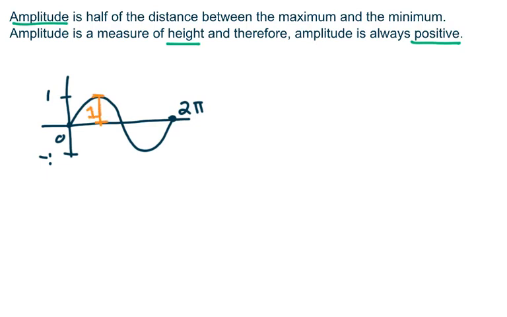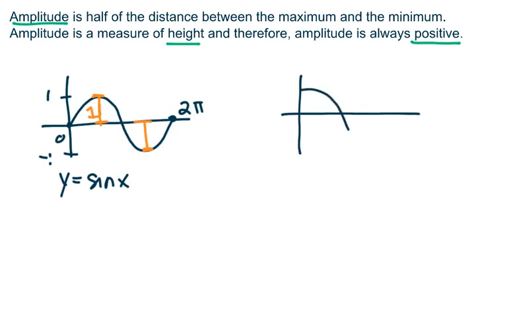That means it's coming 1 up and 1 down. The amplitude of sine is 1. This is my graph of y equals sine x, as well as the amplitude of cosine, which looks like this from 0 to 2 pi, again with a max and a min of +1 and -1.